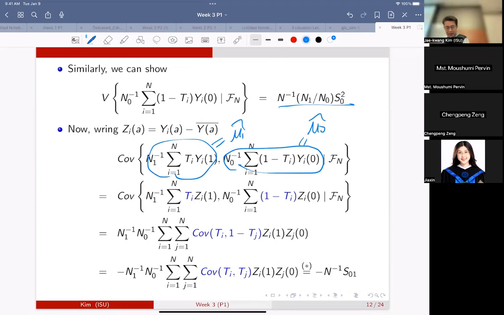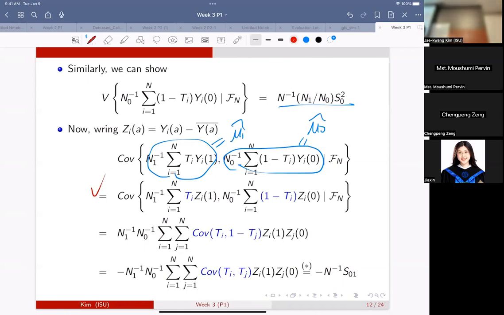So the first thing is to write in terms of the C_i. So we subtract by the mean to simplify the algebra later. So that part is okay. We already have this same technique.